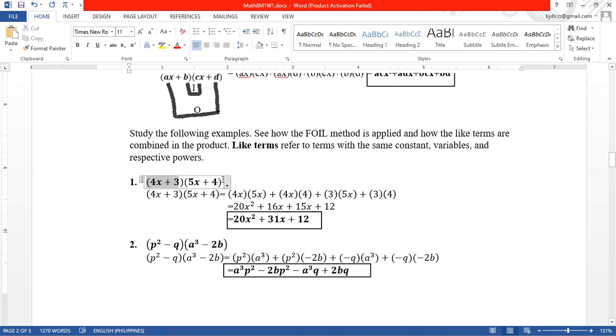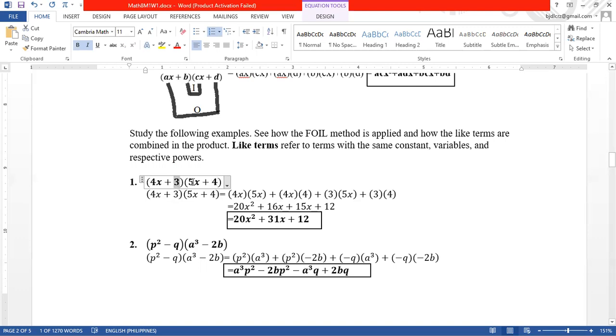So example, the quantity of 4x plus 3 multiplied to the quantity of 5x plus 4. So by using the FOIL method, f for first, so we have here 4x multiplied to 5x plus O, which is outer. So 4x multiplied to 4 plus the I, which are the inner variables and numbers.